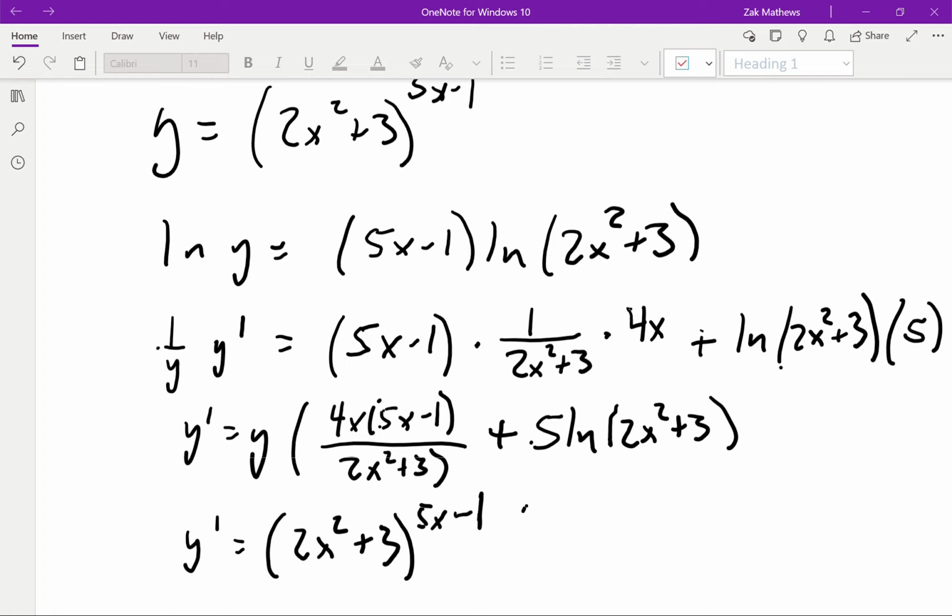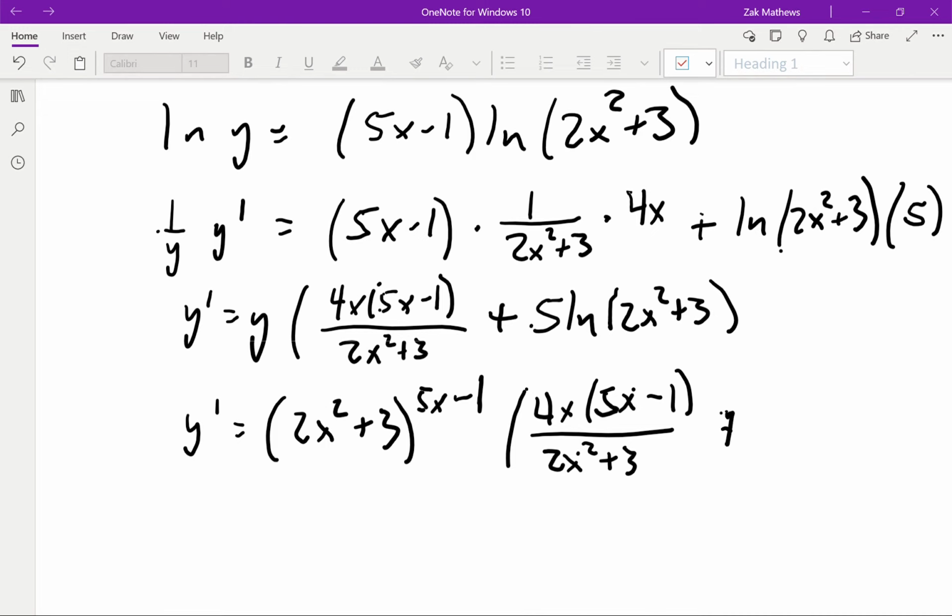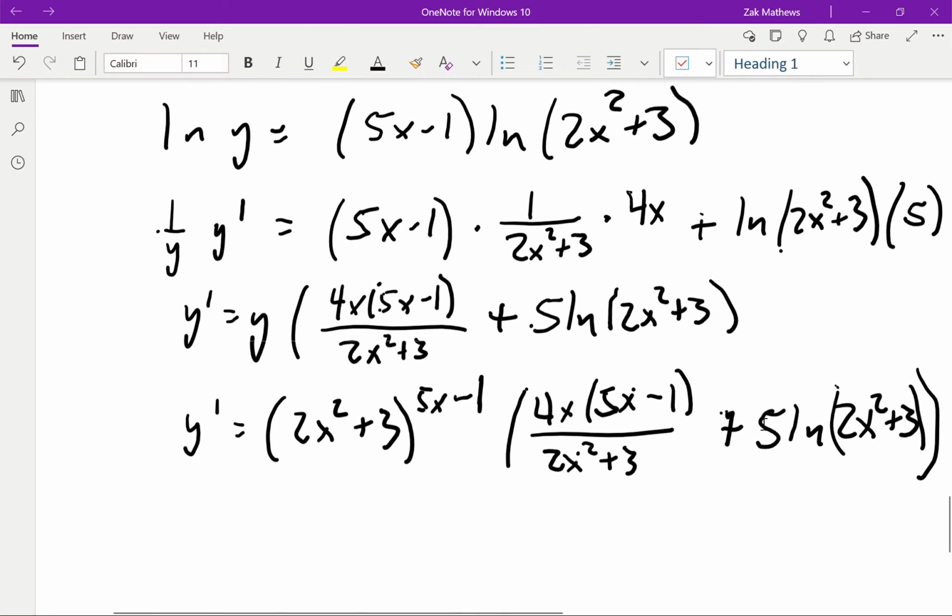And then we have all the other stuff, so the 4x times 5x minus 1 over 2x squared plus 3, plus the 5 natural log 2x squared plus 3, and then close the parenthesis because this thing should be multiplied by that whole expression. And so there it is.